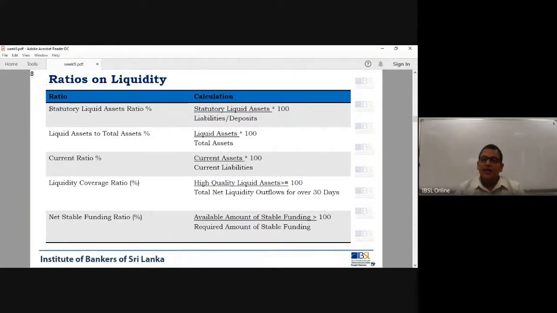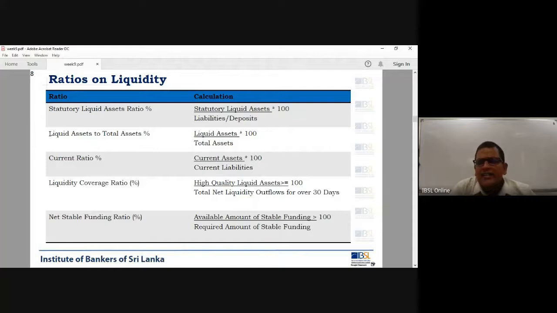I think Mrs. Fernando would have explained to you the differences between a licensed specialized bank and a commercial bank. Then the liquid assets to total assets is another ratio to ensure the liquidity position of banks and finance companies.